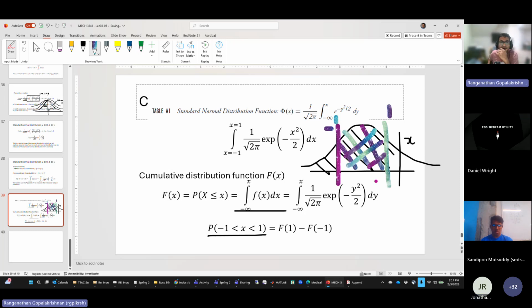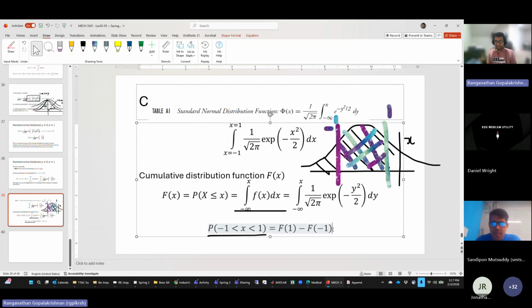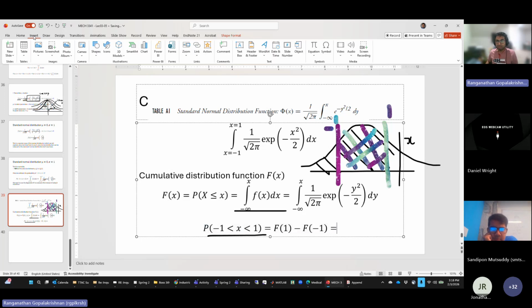Okay, so if you take the probability between minus 1 and plus 1 to be equal to F of 1 minus F of minus 1, in the notation of this table they used phi, another variable, which is basically uppercase F in Greek.